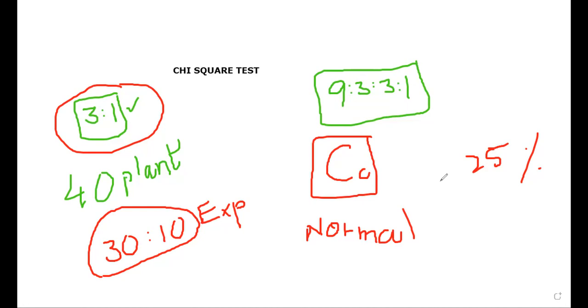Technically, what is our expectation? Out of 4 kids, minimum 1 kid should have the disease. Sometimes the same couple gets 4 kids, and 4 out of 4 are diseased. They are homozygous recessive.